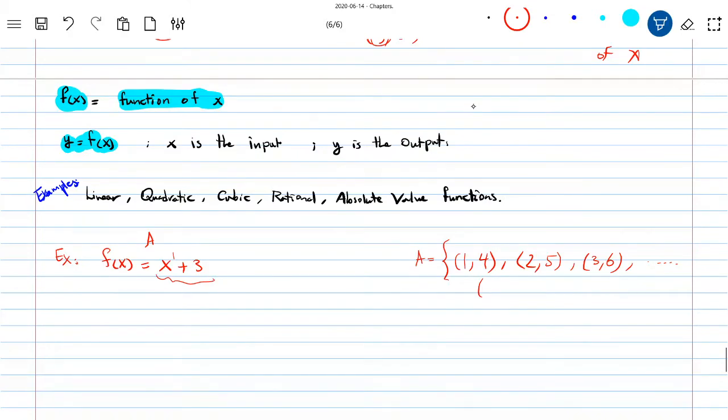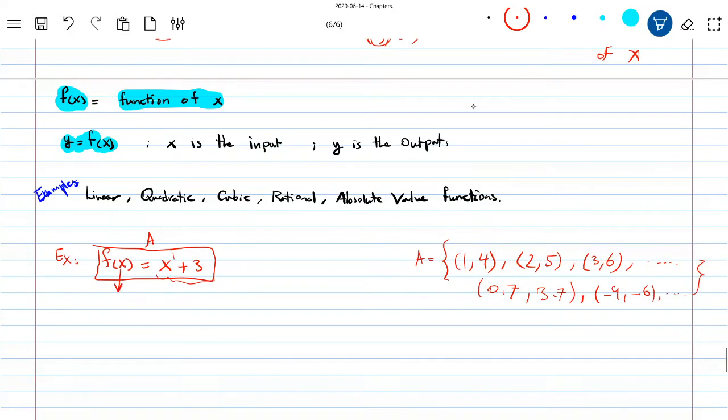If I pick x equal to 0.7, what is the y? 0.7 plus 3, 3.7. If x is negative 9, the y value is negative 9 plus 3, which is negative 6. So instead of writing all these, there are infinite of them. You can pick pi plus 3. Instead of writing all those, you can write the set A in this format. It's a shorter format to represent all those.